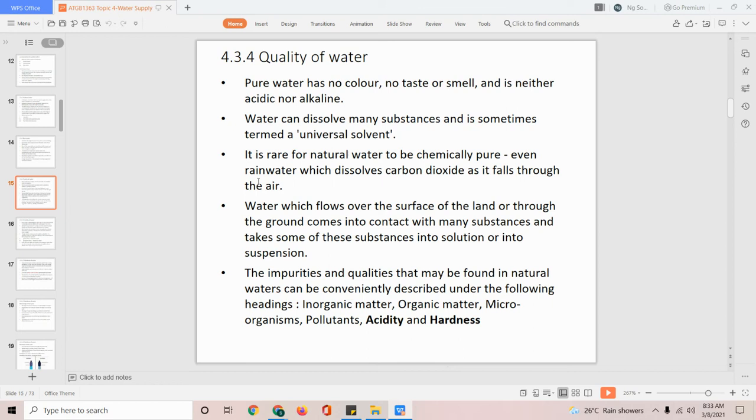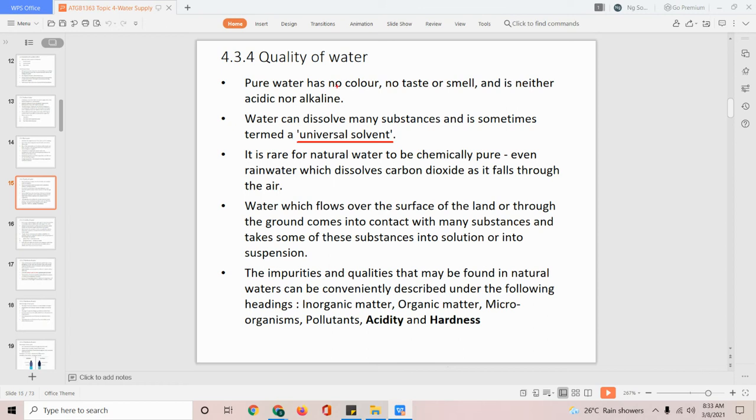Okay, so when it comes to quality of water, water is actually a universal solvent. So yeah, universal solvent, meaning a lot of substances can dissolve into water. So in many cases, naturally found water is not chemically pure, meaning there's a lot of matter in the water.